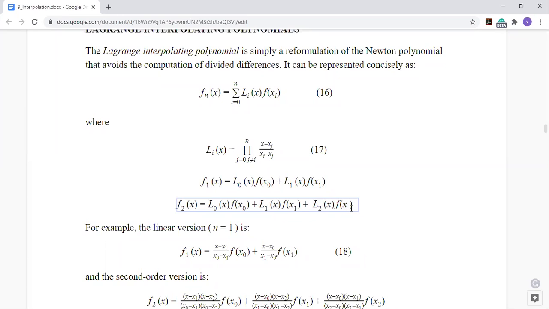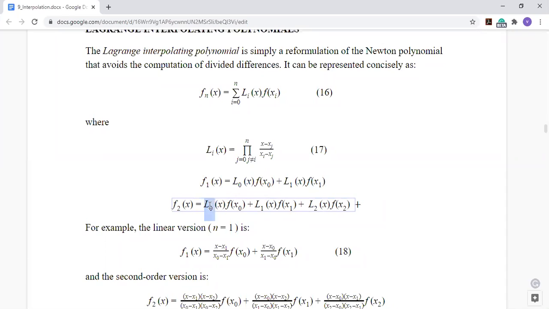I'm just showing you the general structure. So if it was a second order polynomial, this equation becomes this. If it was a third order polynomial, you're going to add an extra term. There's going to be an extra term here if it's a third order polynomial.